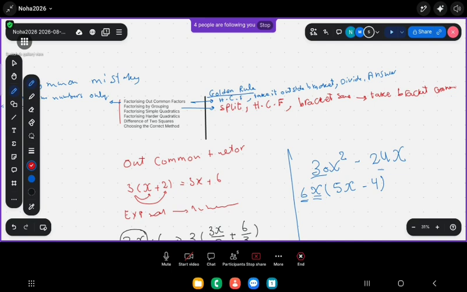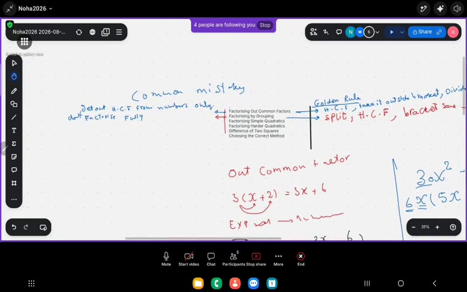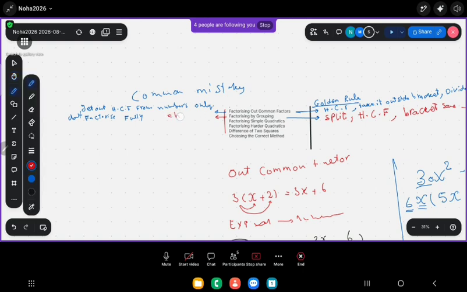Okay. What about the common mistake? From my experience, my students make a very big mistake here. What? Choosing the wrong groups. If you choose the wrong groups, you will not answer the question correctly.